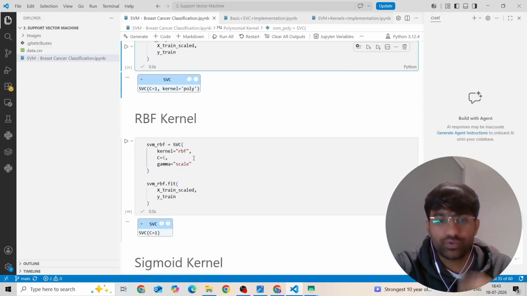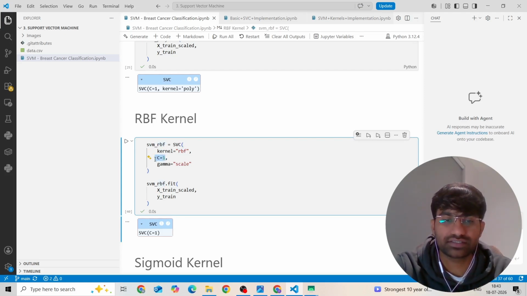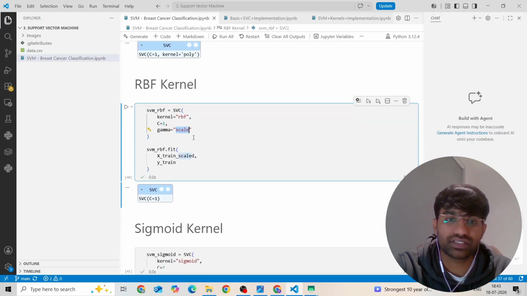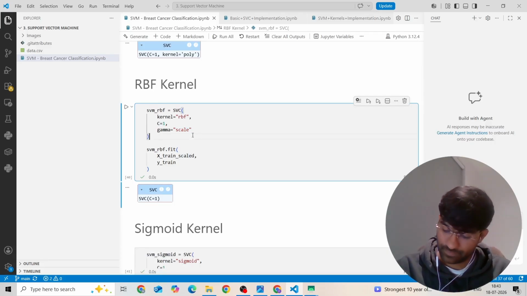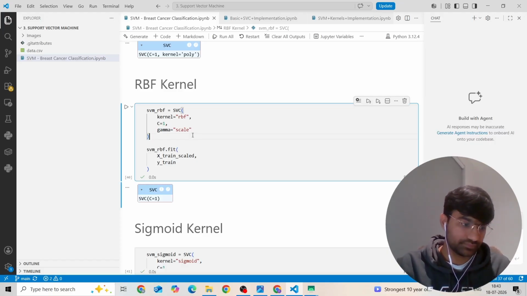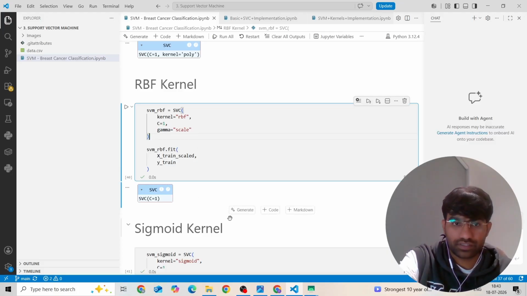Next kernel, I have used the RBF kernel, and C is 1 again here. And I have used one more term here. See, gamma is equal to scale. What is gamma? Let me explain what gamma is.